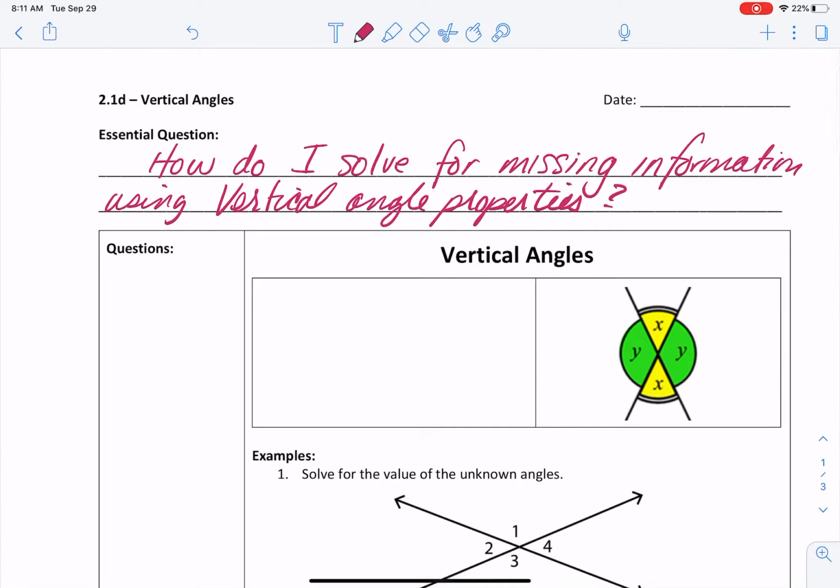So vertical angles, by definition, are congruent. That's math speak for equal.